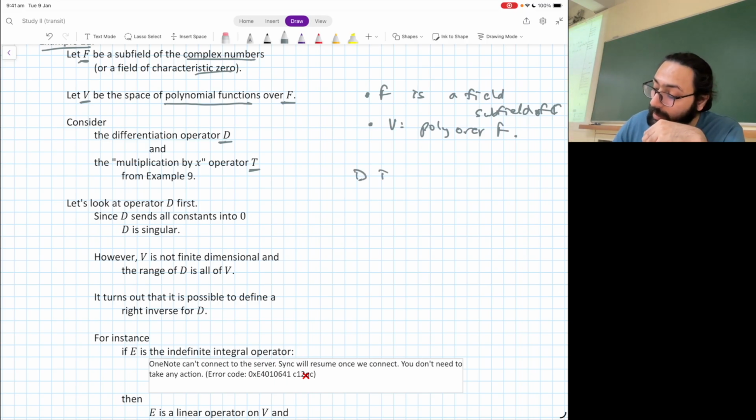So D is differentiation and T is multiply by X.